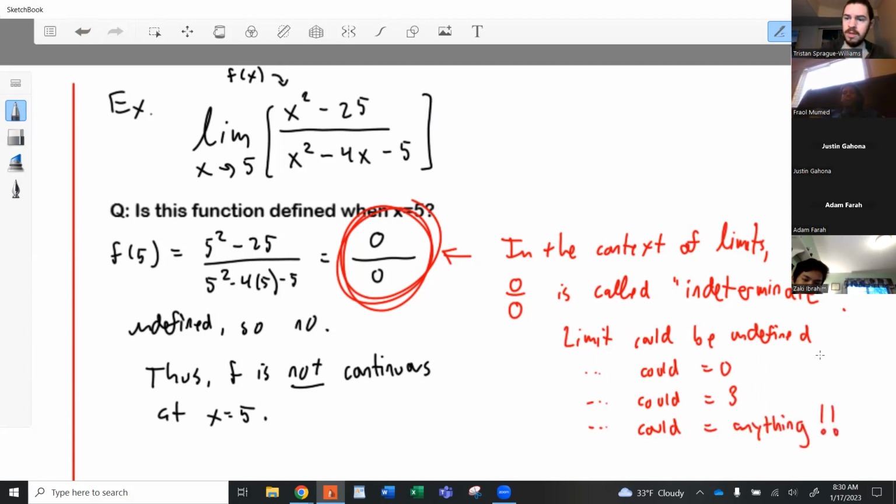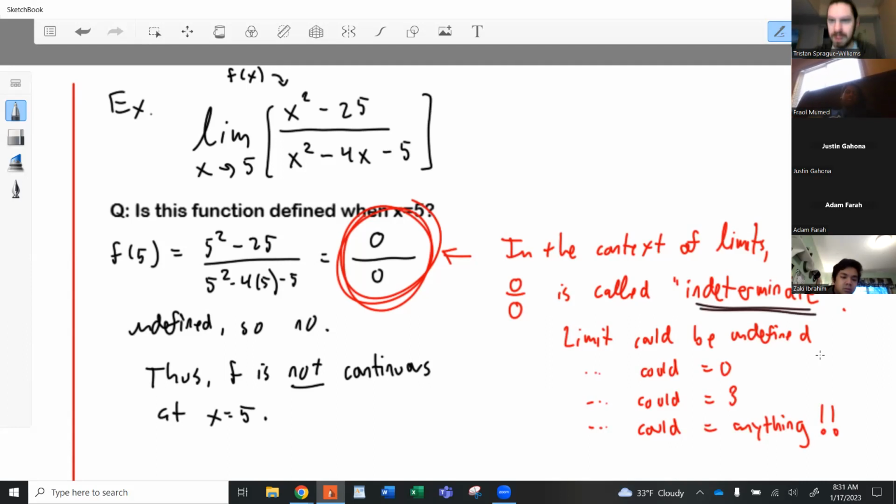Okay, so the word indeterminate doesn't mean undefined. Undefined and indeterminate are totally different things. Undefined is usually the word we use when we want to say that the function is undefined. In the context of limits, we don't usually use the word undefined. Usually what we say is the limit does not exist.